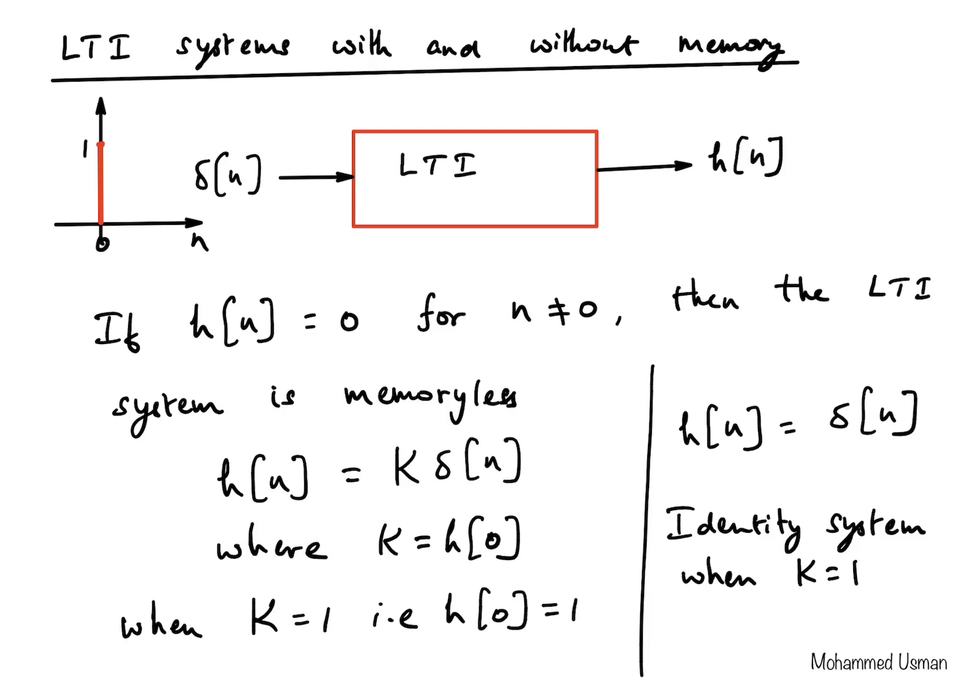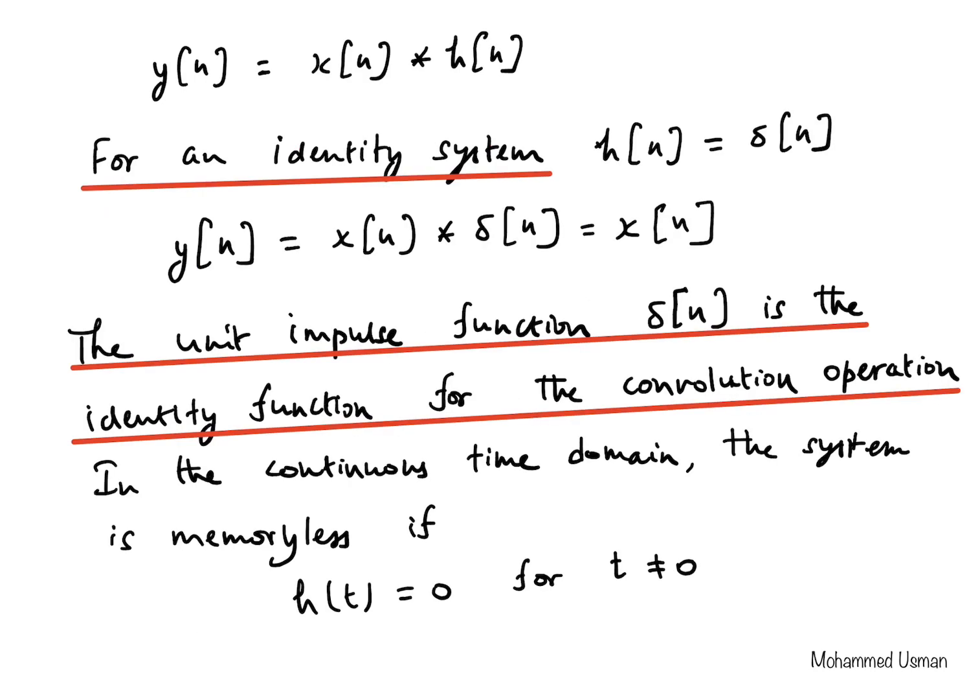There are one or two more properties that we want to talk about, called the invertibility property and the causality property. We are out of time, so we'll stop here for today and continue with these last two properties.